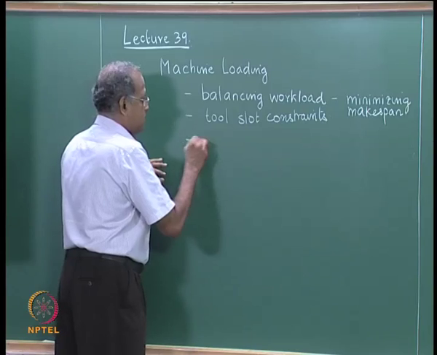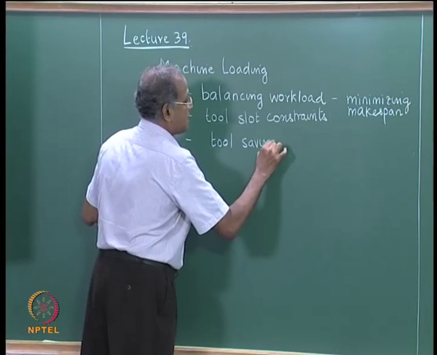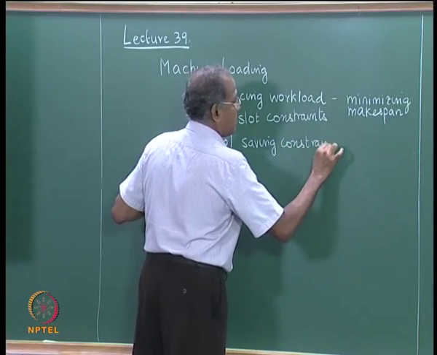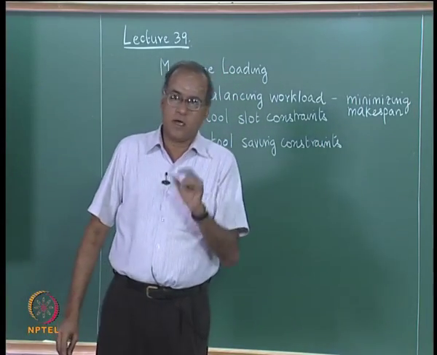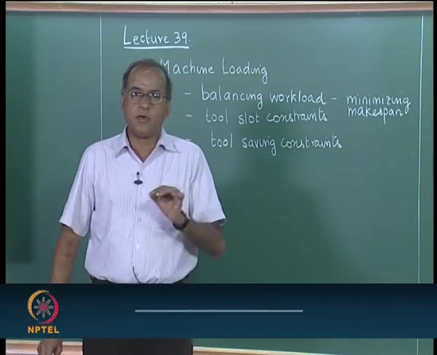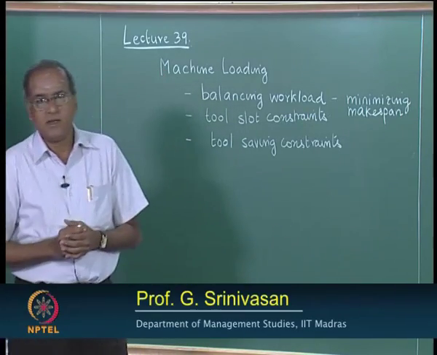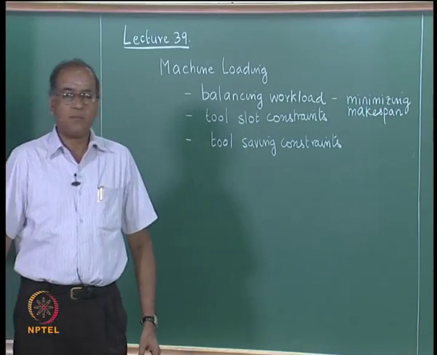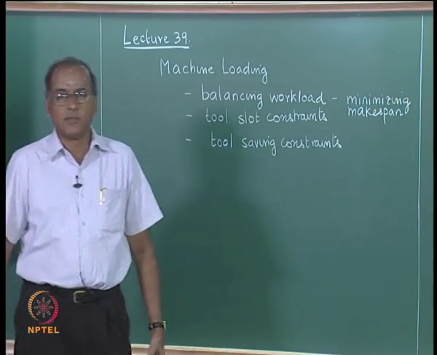In addition, we also saw the effect of tool saving constraints, where if two jobs assigned to the same machine require common tools, then the total number of tools required is the union set of both the tool requirements and can be less than the sum of the tool requirements in case of common tools.